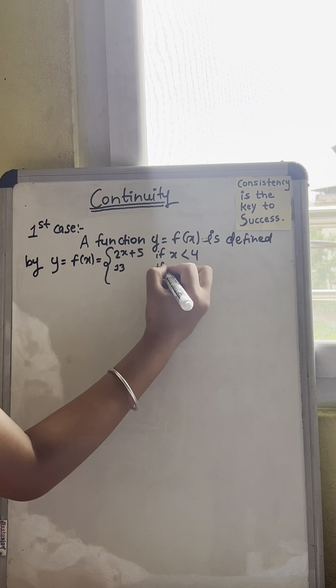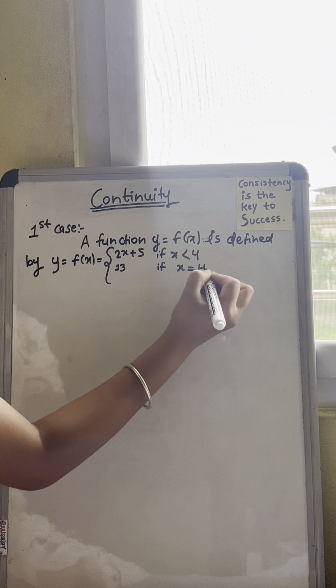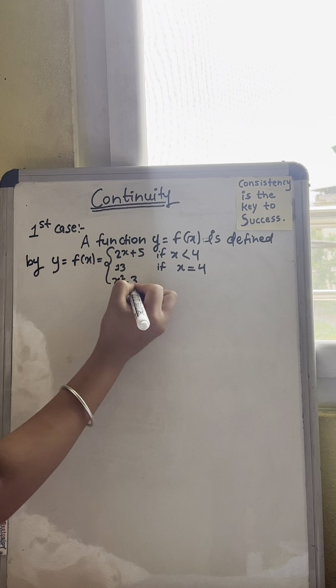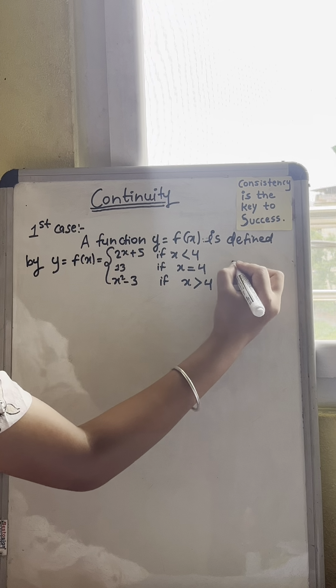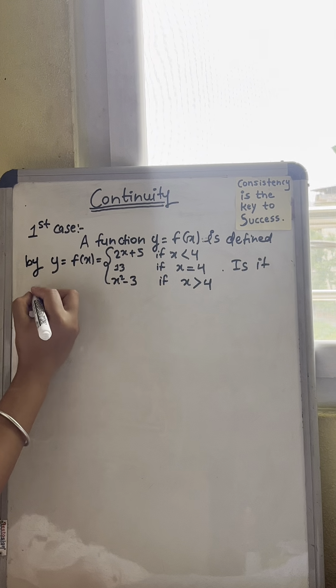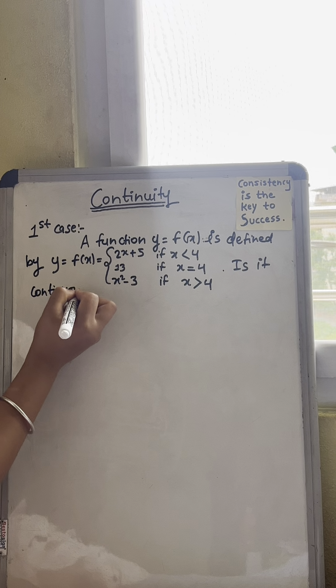Is it continuous at x = 4? So we have to check whether this function is continuous or not. Here we first find the left hand limit, then the right hand limit, and then the functional value.